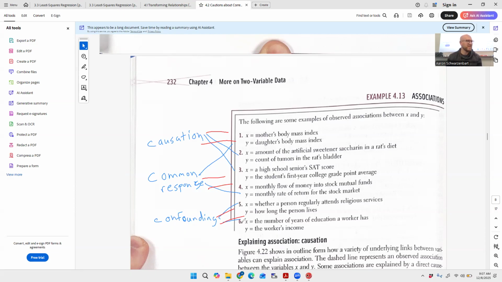It's caused by, it might cause, so there might be a little bit of causation. Oh, you did well on your SAT score, you got into a hard college and your GPA is lower, because you're going to Stanford instead of Idaho State. I've heard Stanford mostly only gives A's.